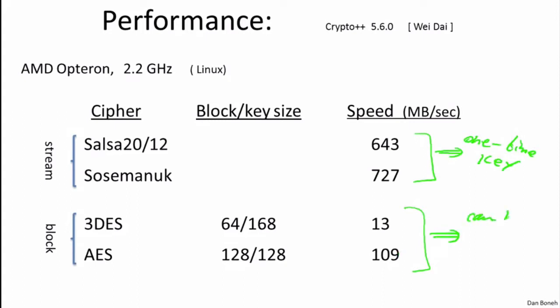I'll say it can be secure for multiple messages, can be secure for multi-use. But of course, that comes at a price where things are a little slower. I should mention this is on a 2.2 gigahertz machine, so it's kind of interesting that stream cipher encryption works almost at gigabit rates.